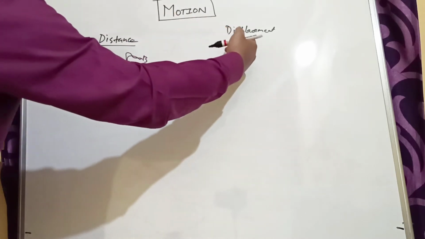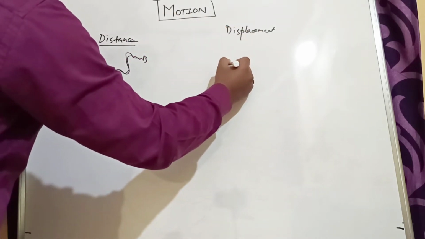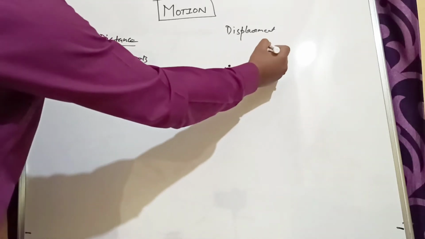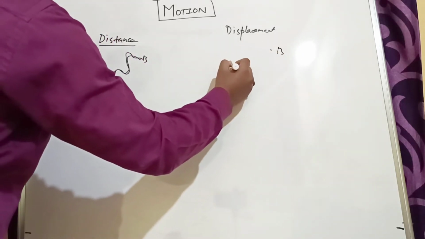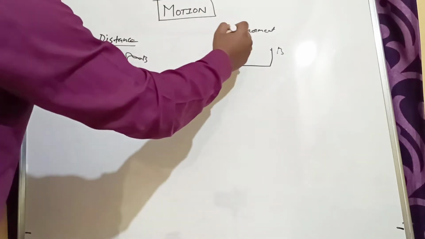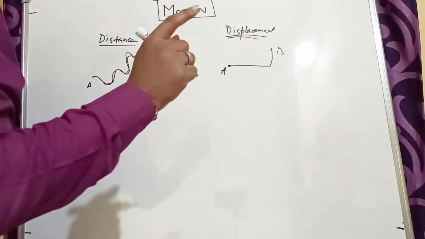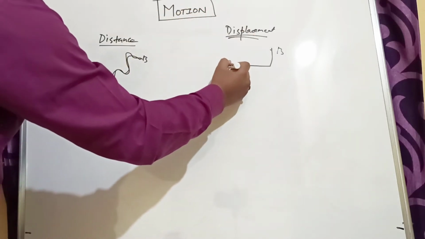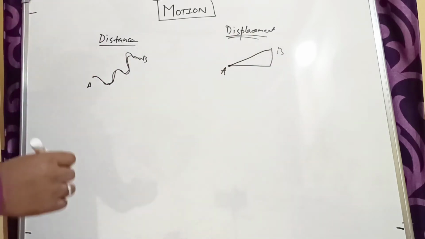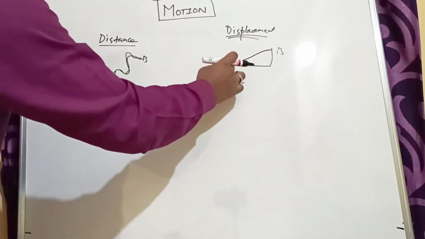But in case of displacement, if an object is traveling from point A to point B, and it is taking this path, but you are asked to calculate the displacement, then you will just take the straight length between A and B, irrespective of the actual path length.